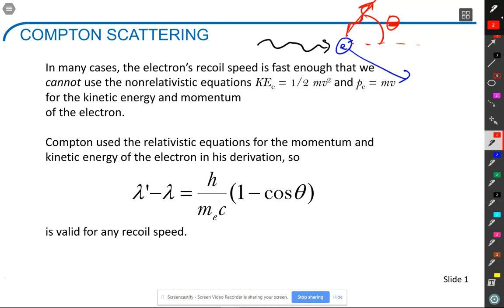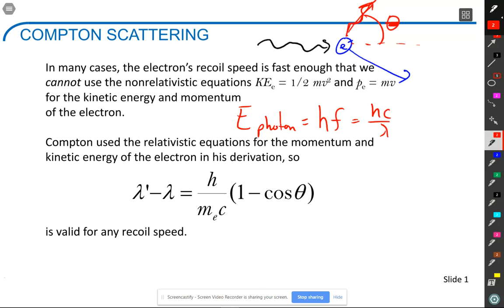What's the equation for the energy of a photon, according to Max Planck? Okay? So if you go to a longer wavelength, you're going to a lower energy. So the photon is losing energy when it's scattered.